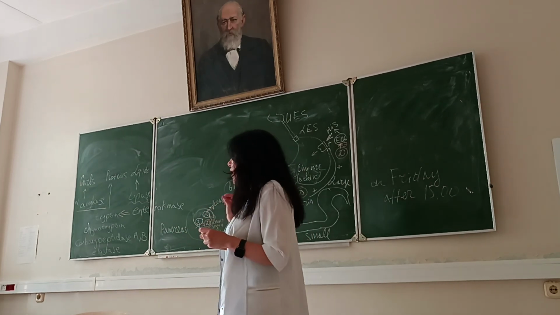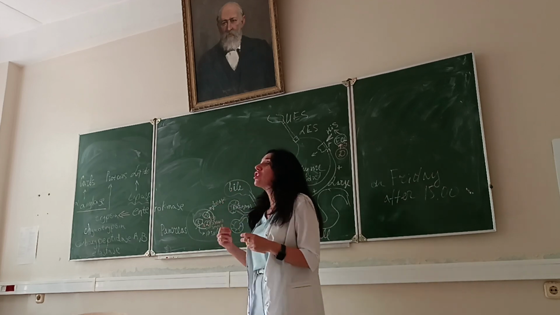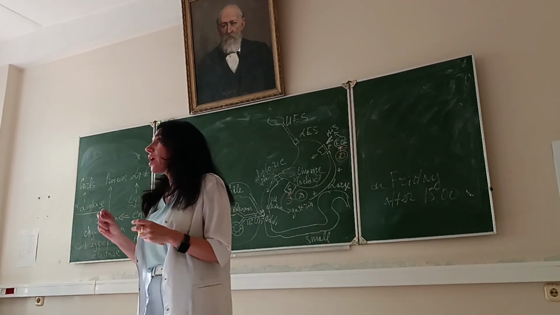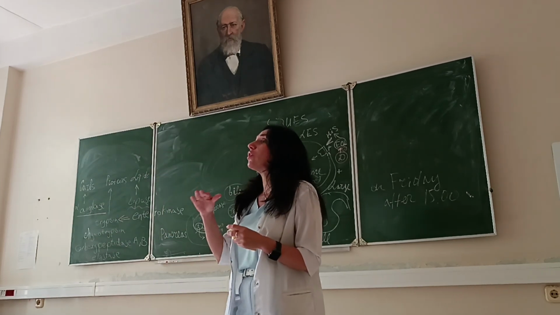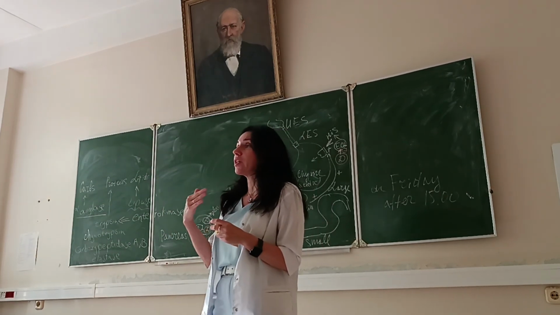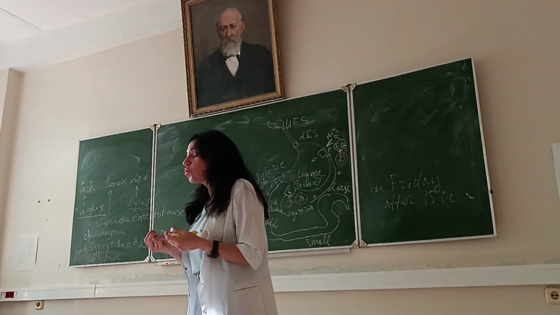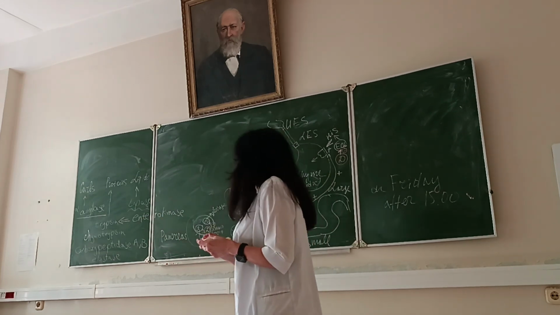Moreover, the acinar cell produces a special trypsin inhibitor, a substance that inhibits activation of trypsin until release of pancreatic juice into the duodenum.